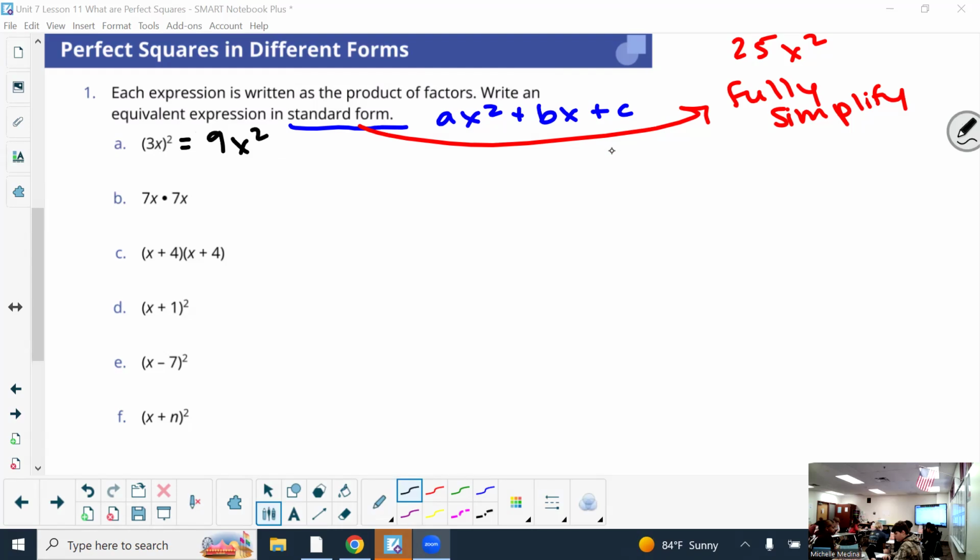Finish the sentence. Multiply the base by itself. So this over here is the same thing as writing 3x times 3x. And then 3 times 3, 9. Is x times x, x squared? Then yes, that is correct.